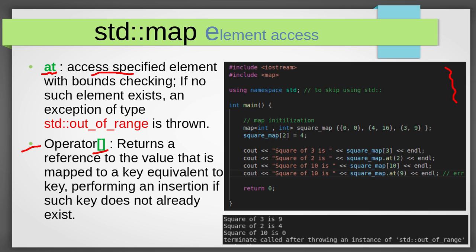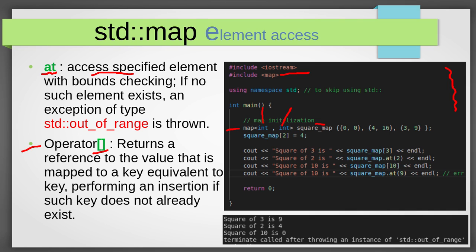This is an example of how to use map. First of all, you have to include the library map, and here I did a declaration for a map. In this declaration, you have to define the type of key and the type of value, which is integer in this case.